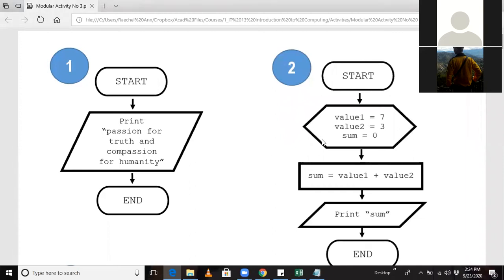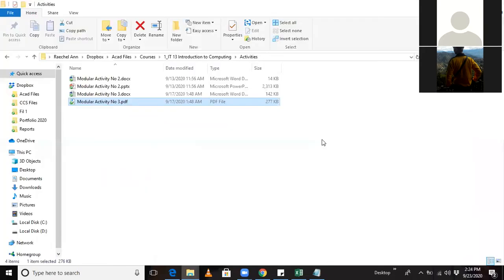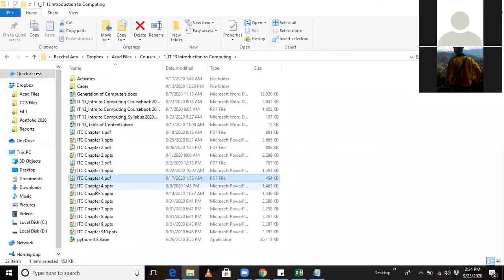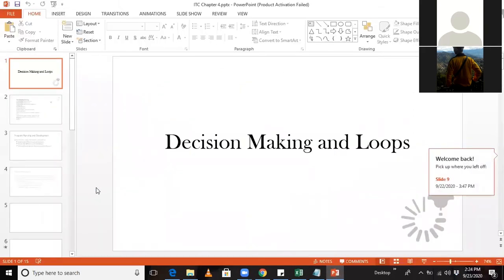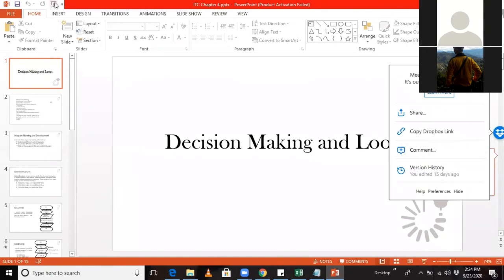Chapter 4 is all about decision making and loops.